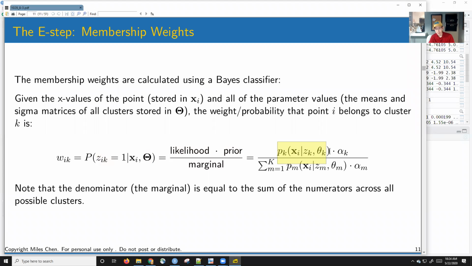So the likelihood is our probability density. This is the multivariate Gaussian PDF, and we're asking, what's the probability density of getting this particular x value if it comes from component k, with whatever mean and whatever theta we have specified? Then we multiply that by alpha sub k, which is our prior probabilities, and we divide by the marginal.